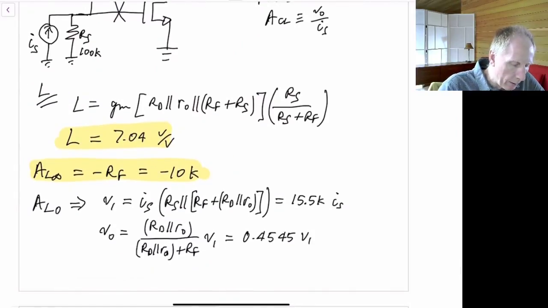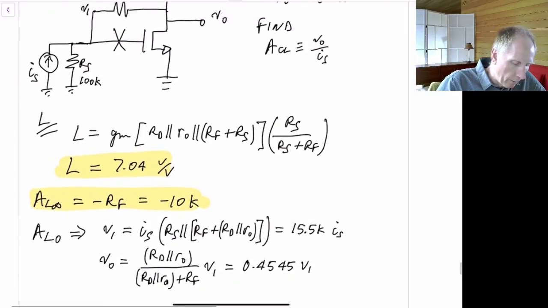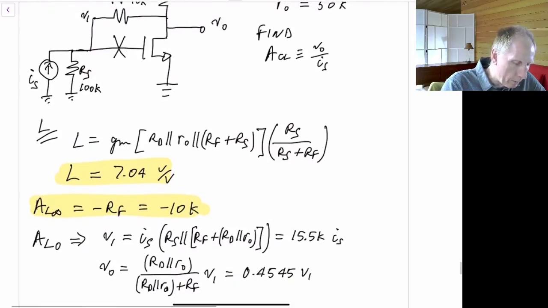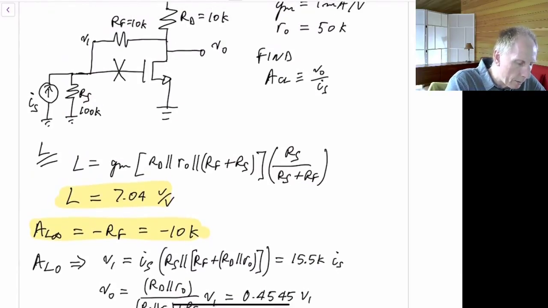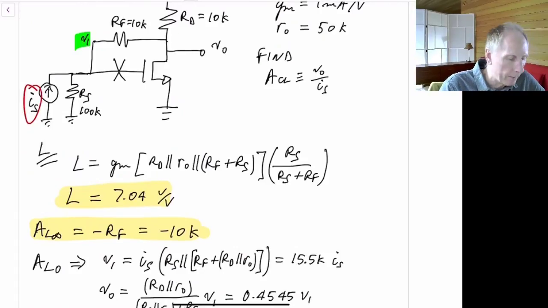Now for the final one, we need A sub L0. For A sub L0, we're going to find the voltage, V1, and then we'll find the gain from V1 to V out. So first off, we'll find the gain from IS to V1, to this node here.